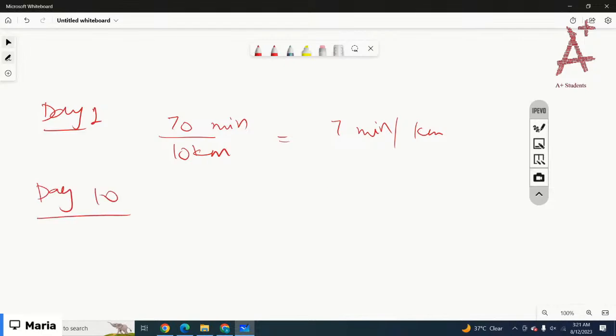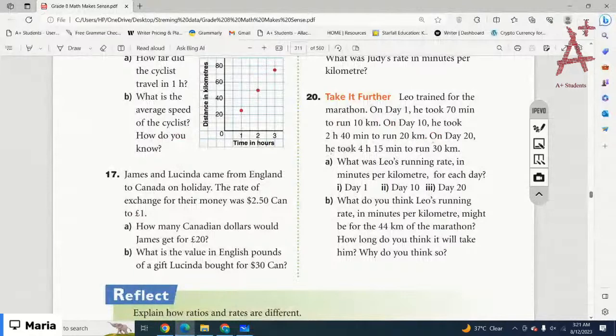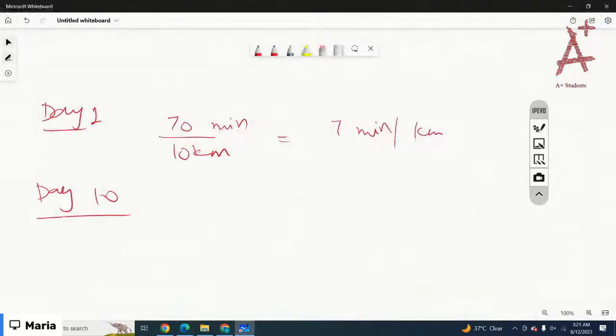Then on day 10, he took 2 hours 40 minutes. First convert 2 hours and 40 minutes to minutes, right? 2 hours means you have to do 2 times 60, plus 40, that is 160 minutes, right?